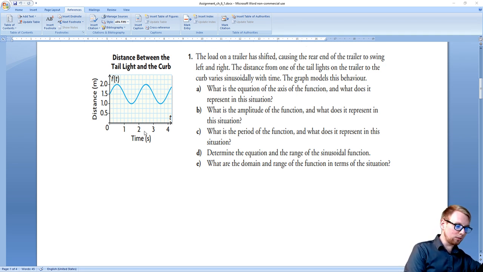It goes on forever. So the domain would be from 0 to infinity, assuming they did this forever. Another way you could say it is just that t is greater than or equal to 0.